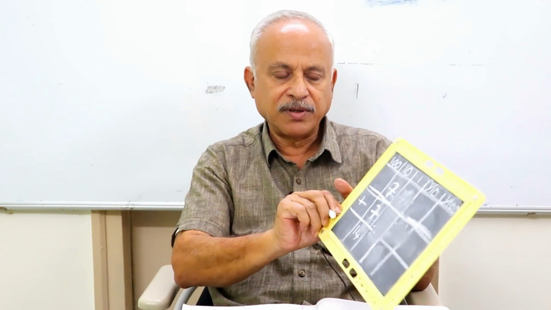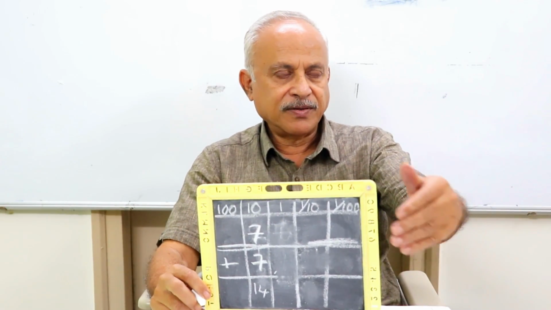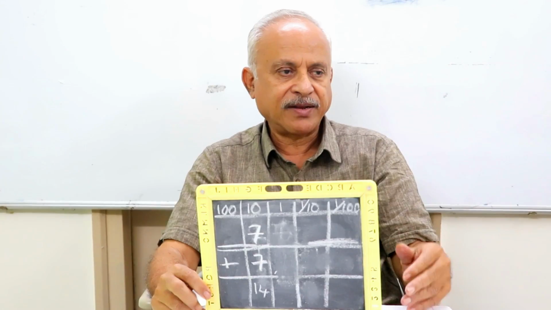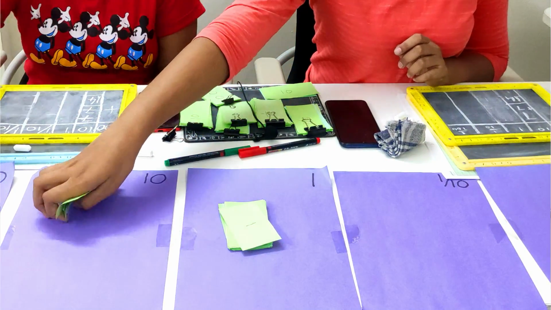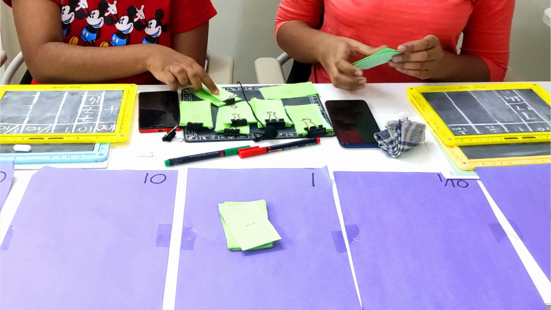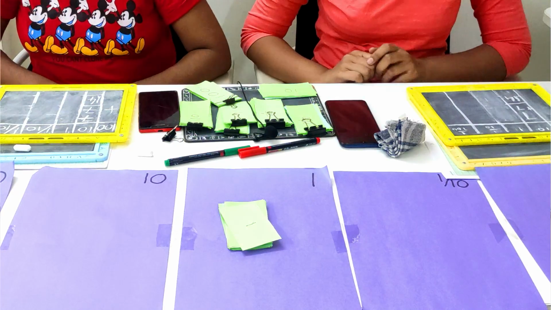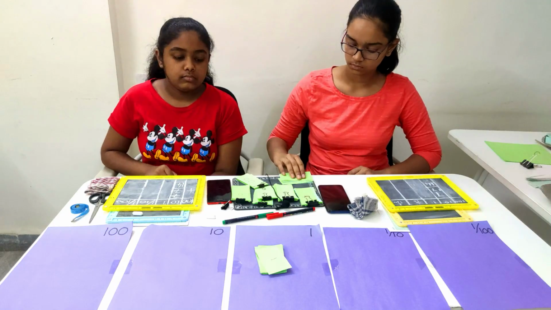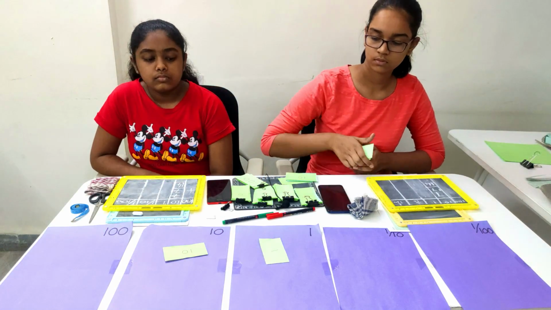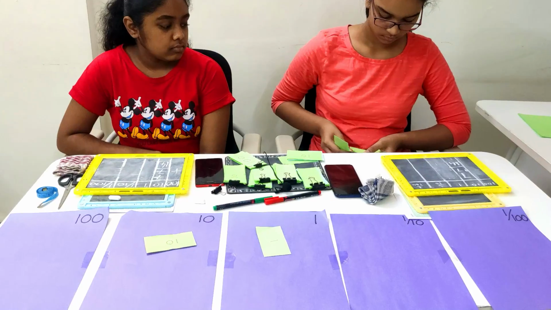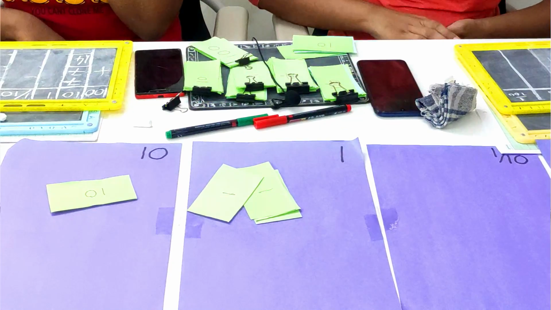Let's do the earlier problem. 7 plus 7. Again, keep that. That is the loose form. And what is the tight form? So 14 ones becomes 1 ten and 4 ones.